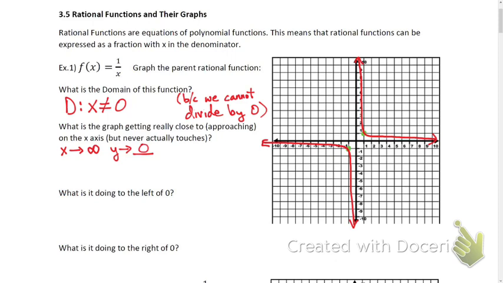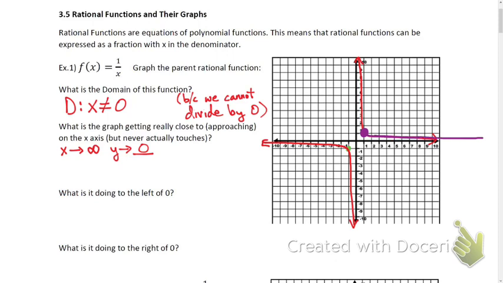So let me change colors so you can follow the color. I'm going to start at this green, now purple dot, and the graph is moving. It's getting bigger and bigger and bigger. Like I'm looking at the x-axis. And this goes forever.